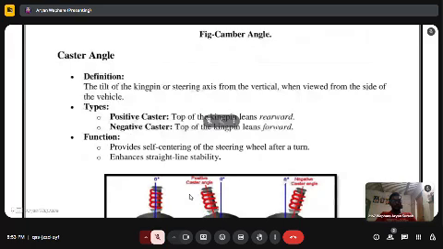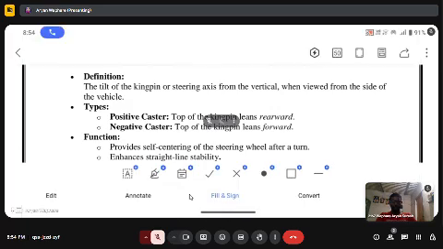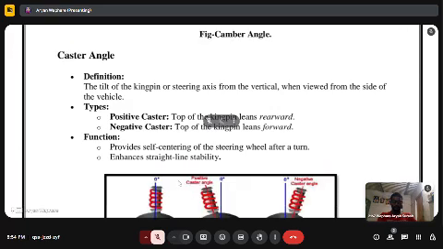Caster angle. The caster angle is defined as the tilt of the kingpin or steering axis from the vertical when viewed from the side of the wheel. Types: positive and negative caster. The function of caster angle: to provide self-centering of the steering wheel after a turn and straight line stability.